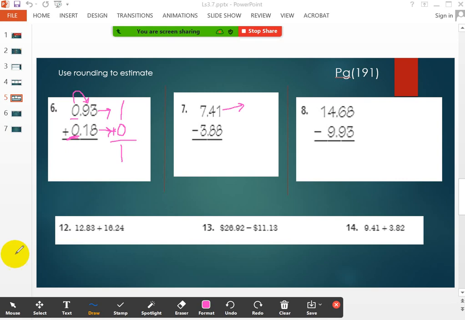Yes, Deem. I want to round 7.41 into the nearest whole. That means into the nearest ones. It will be what?